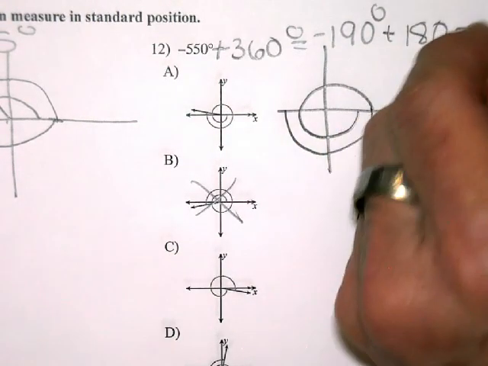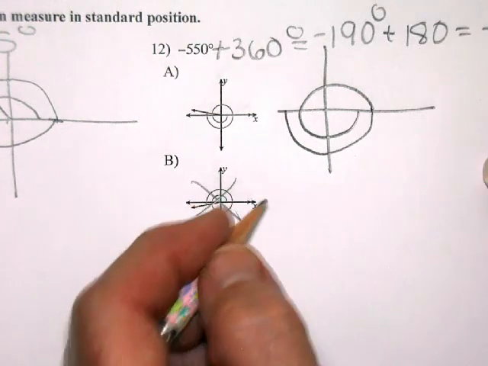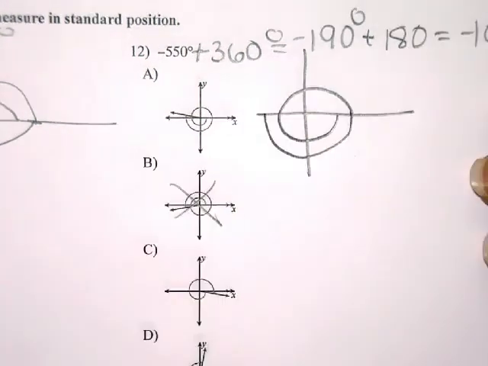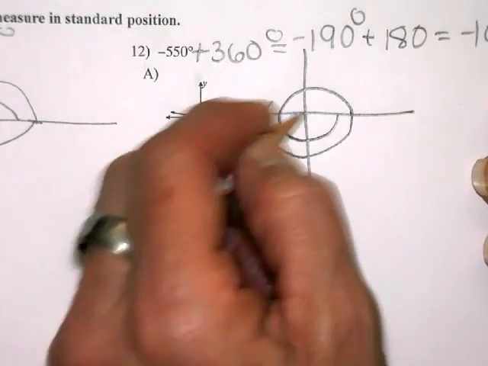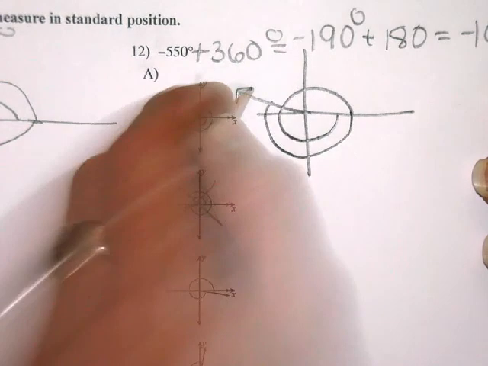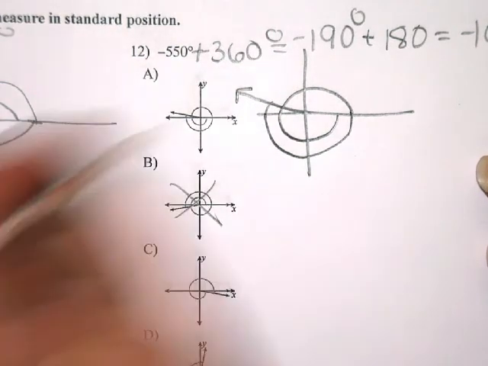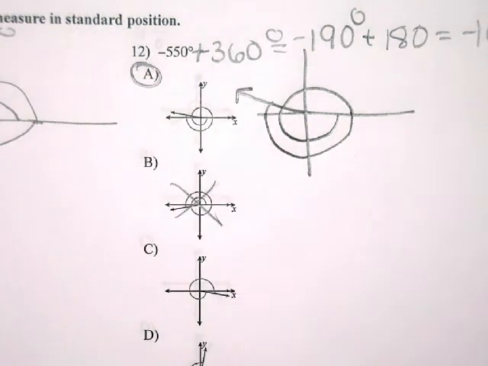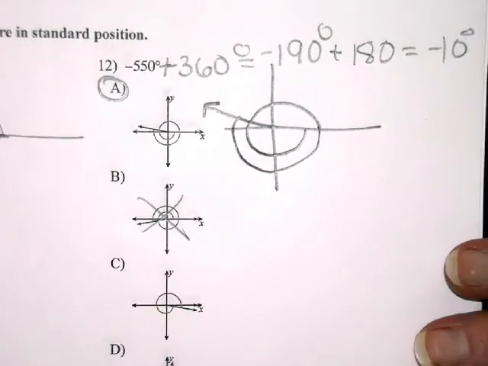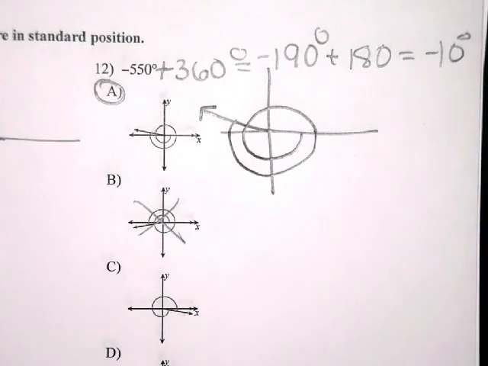So that means I can go 180 more. That leaves me 10 degrees left, so just a freckle above the x-axis. C and D don't have the same terminal.